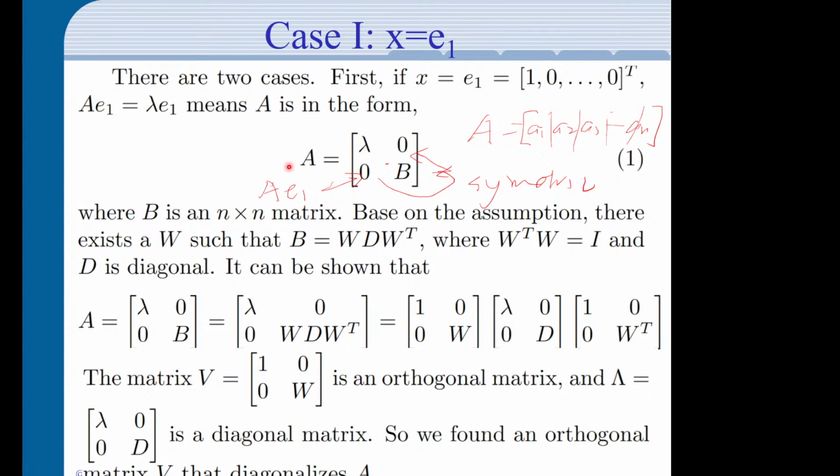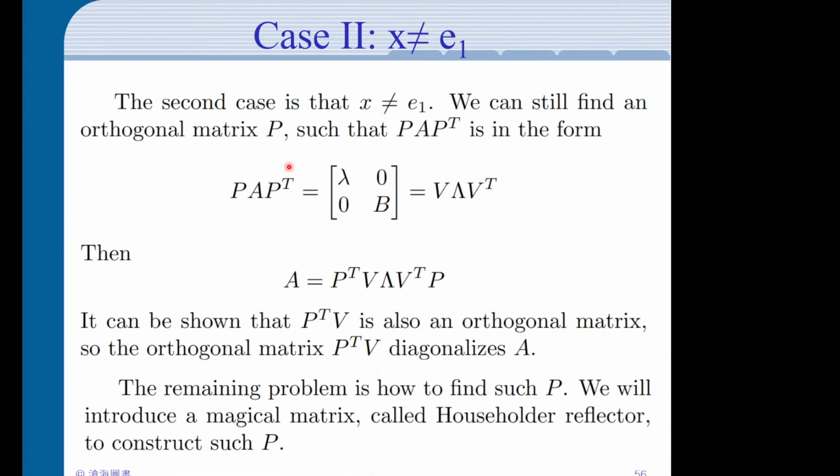So really, whatever we need is to find some matrix that rotates X to E1, and there are a lot of matrices that do this because there is a lot of freedom in this rotation. So we want to rotate X to E1, but the rotation basically maps an orthogonal matrix to an orthogonal matrix.